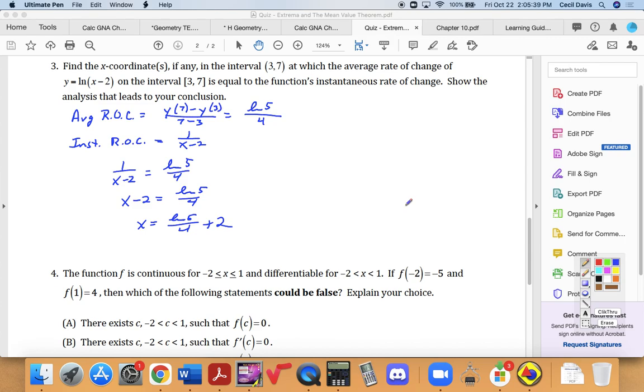If you're going to apply the mean value theorem to a problem, you must state that it fits the prerequisites for that theorem, which is that the function has to be continuous on the closed interval and differentiable on the open interval. Yeah, anytime you're going to use that and it says justify, you have to say that.